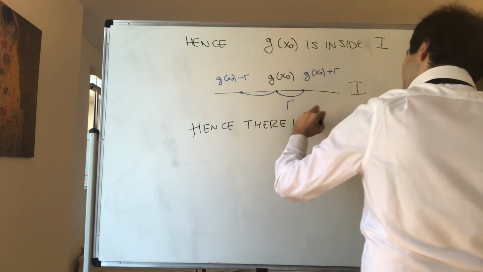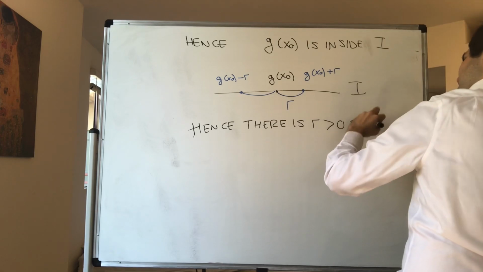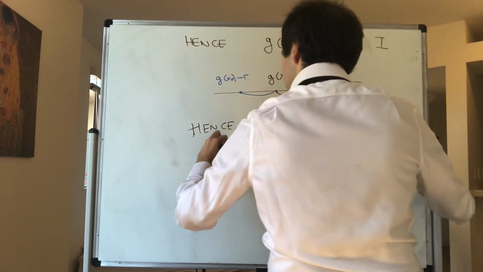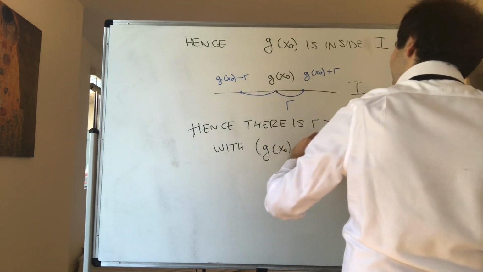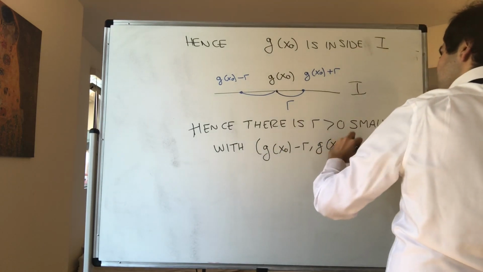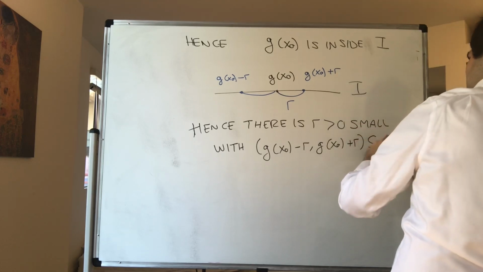Hence there is r small with the interval from g of x naught minus r to g of x naught plus r inside your interval.